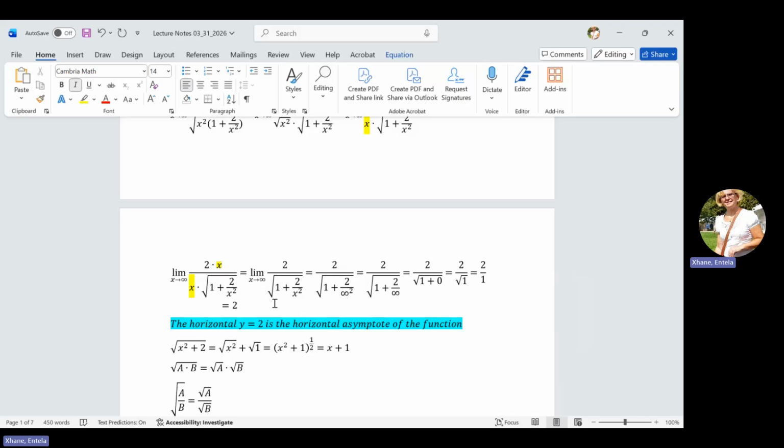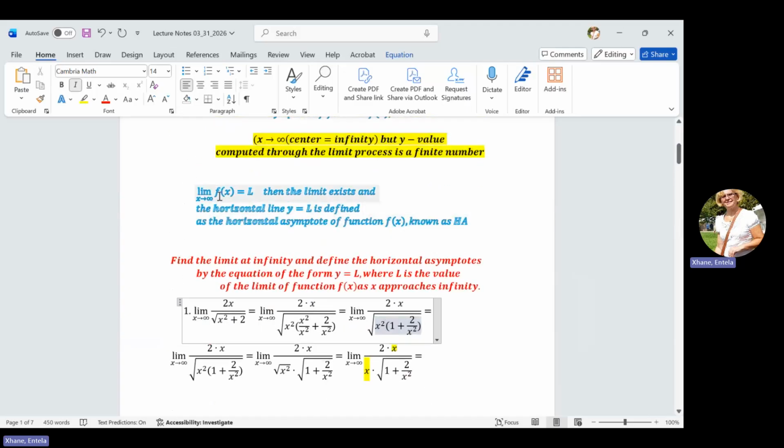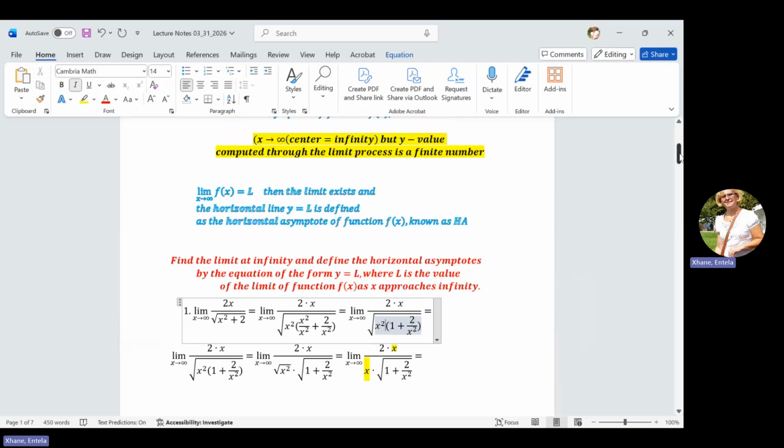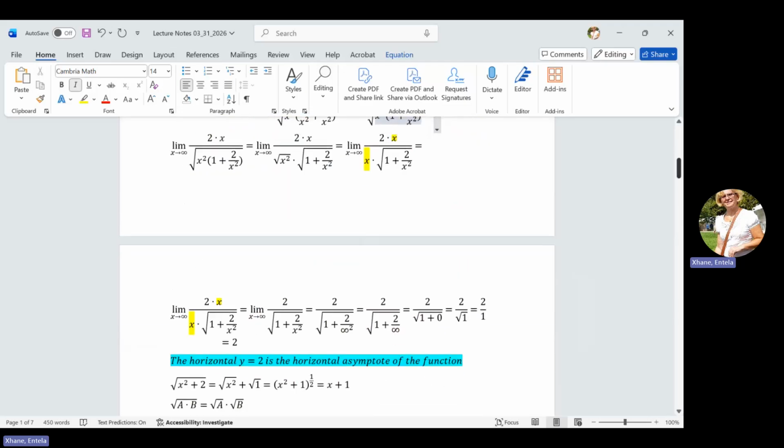The value 2 represents L. So we are under the condition of having a limit of the function f of x, x goes to infinity, that is equal to a finite number L, which is 2. Automatically, that number L will be used to define the horizontal asymptote. Be very careful when you define the horizontal asymptote. Why? You cannot just write the horizontal asymptote, in this case is 2.